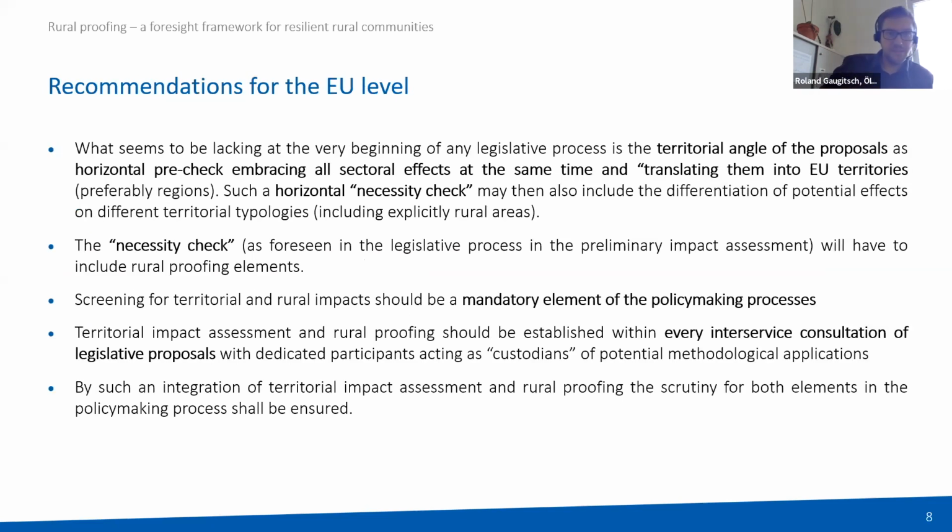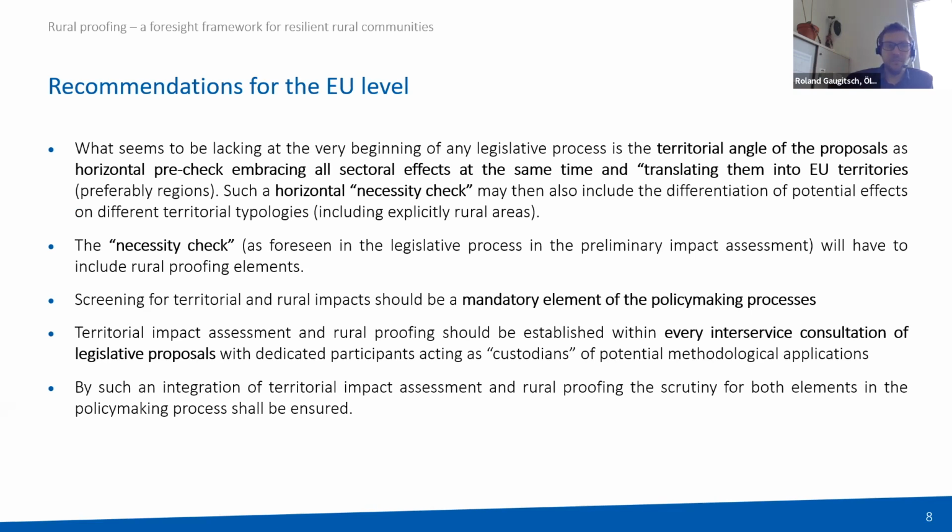So for the integration, we have made some recommendations both for the EU level and for the national and regional level. For the EU level, we already have some interesting tools out there for territorial impact assessment, which could quite easily integrate with overall rural proofing approaches.